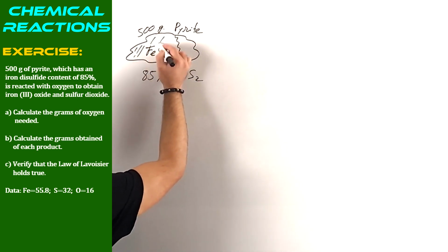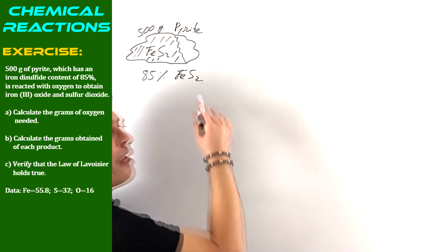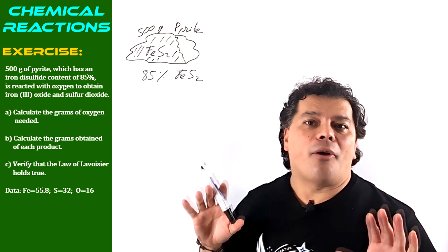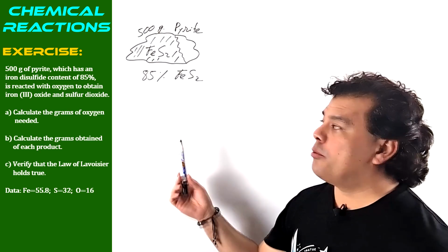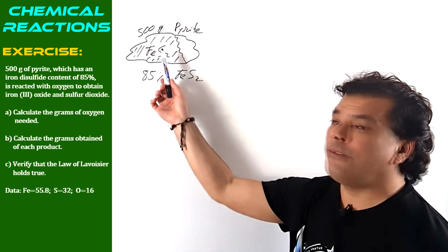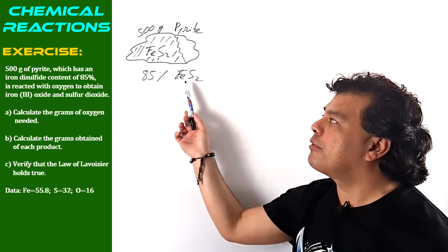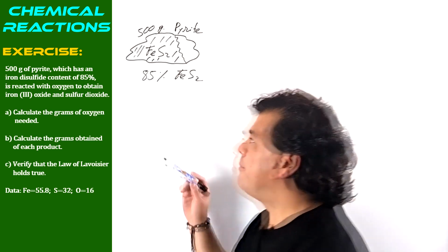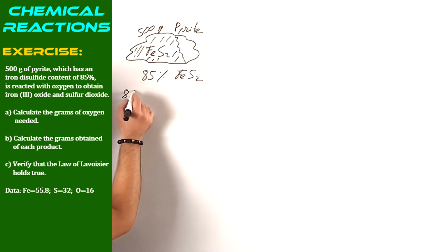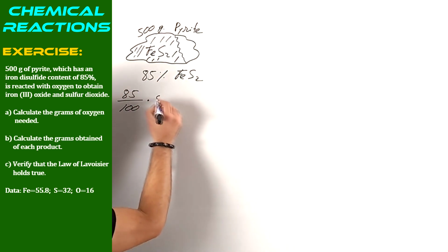The rest of our mineral is formed by other substances that don't matter at all in our equation. Okay? So now, what are we going to do? We are just calculating 85% of 500, and we have already obtained the grams of iron disulfide for our problem. Let's do it. 85% multiplying 500.